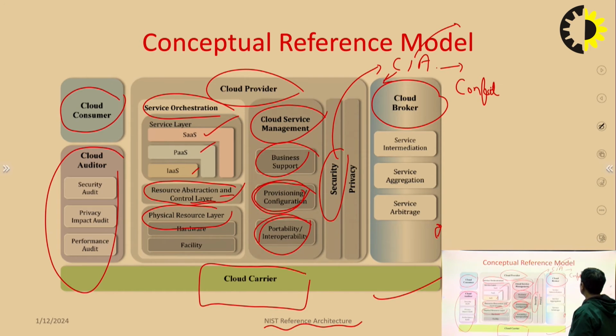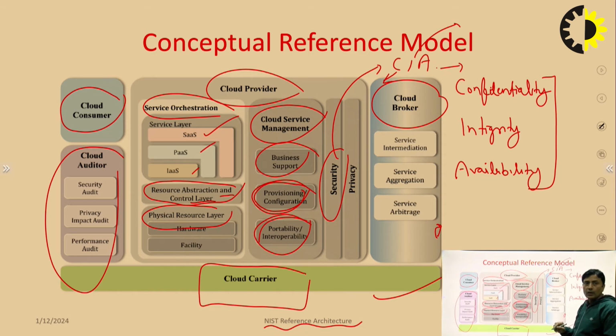Whenever we talk about security, that means computer security, information security, data security, and network security, we are going to ensure these three things.